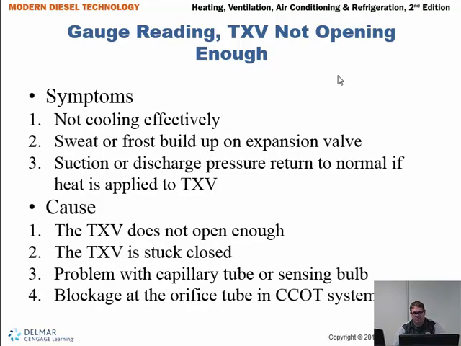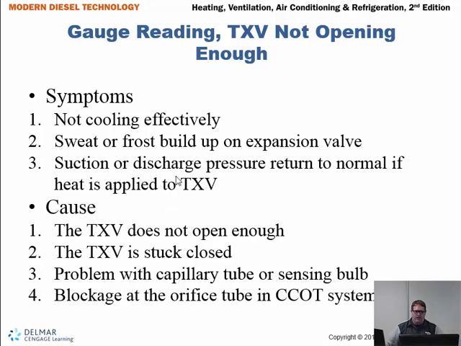All right, gauge reading continued again. TXV not opening enough. Symptoms are not cooling effectively, sweat or frost buildup on the expansion valve, suction or discharge pressure return to normal if heat is applied to the TXV. Okay. So again, we can actually trick the TXV.